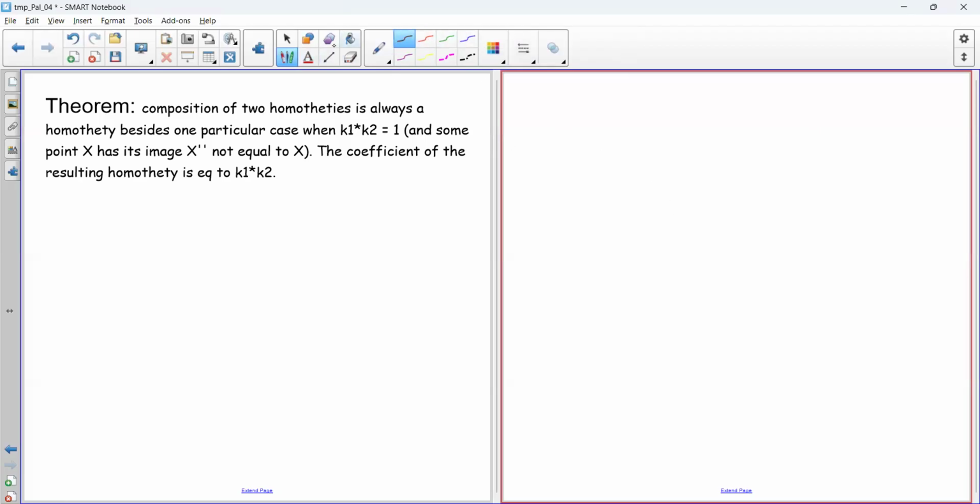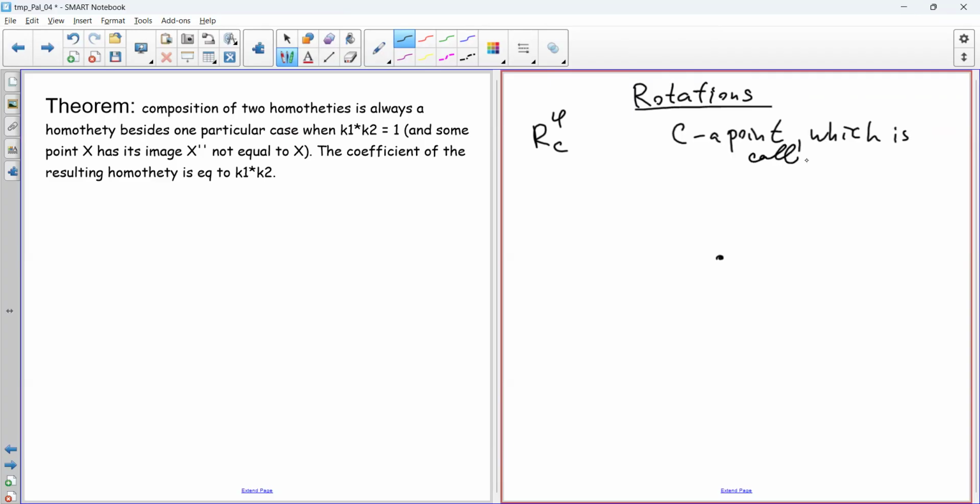So if we have a rotation with center C, a point which is called the center of the rotation, and phi is the angle of the rotation.